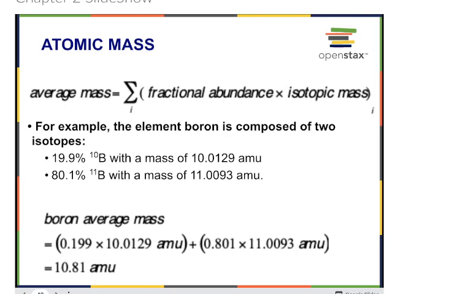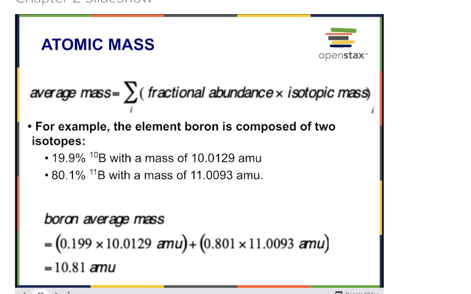So you would take the percent abundance in decimal form, remembering you have to multiply a percent by 0.01 to get it out of a percent into a decimal. So 19.9%, you move the decimal two places to the left, would become 0.199 times its AMU, which is 10.0129.